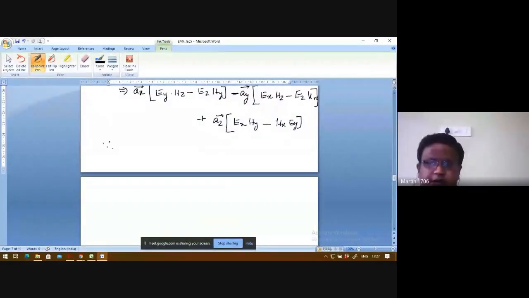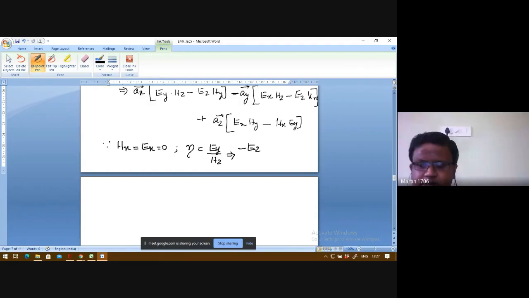Just solve it. We know the conditions: since Ex and Hx are equal to 0, and also we know that eta is equal to Ey by Hz, and also it is equal to minus Ez by Hy. Now apply these in the above expression.